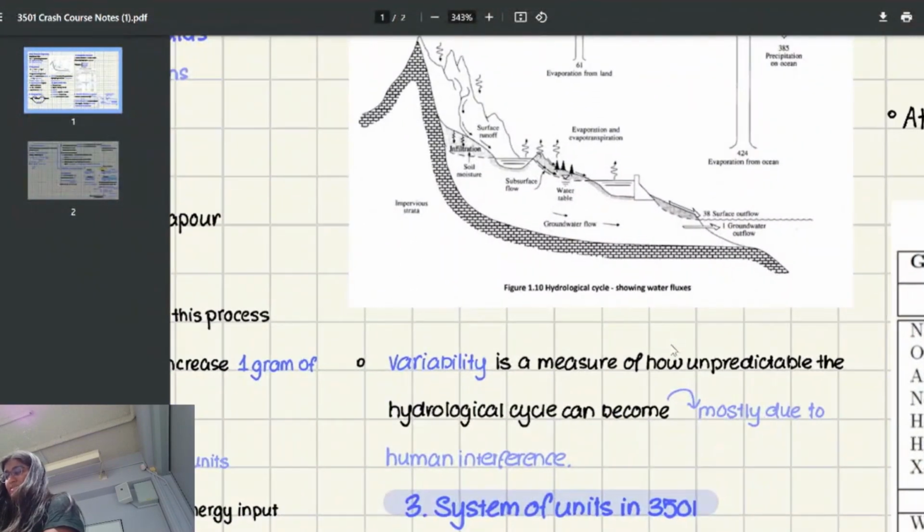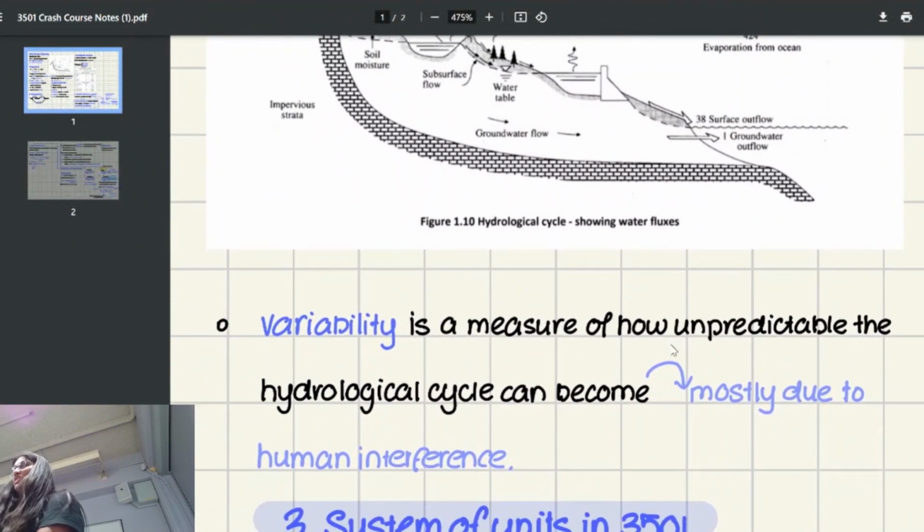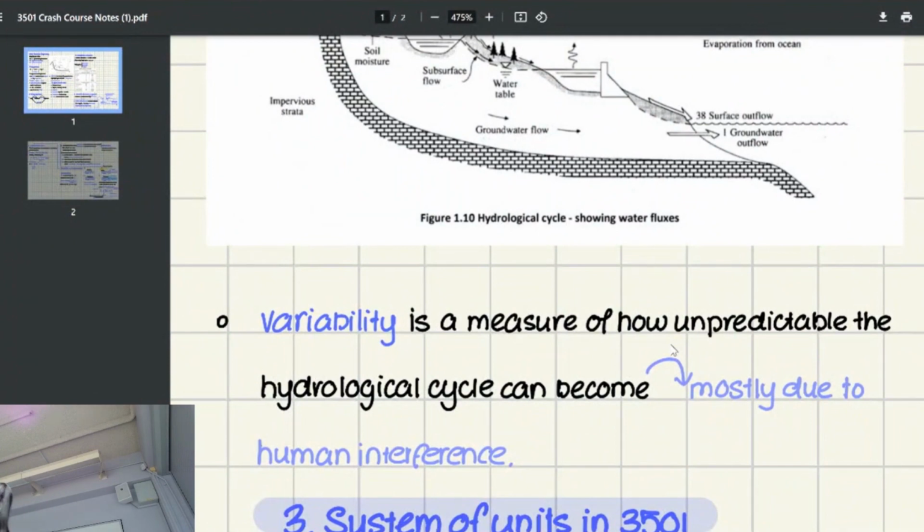The next term, just an important term that you'll hear thrown around a lot in this course, is variability. So one thing that you'll hear a lot of is climate variability, mostly because Australia has a really high climate variability, which means that the climate is not very predictable, so it changes around quite a bit based on the unpredictable temperatures that we have.